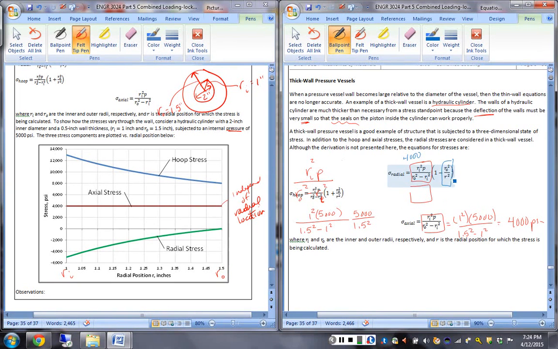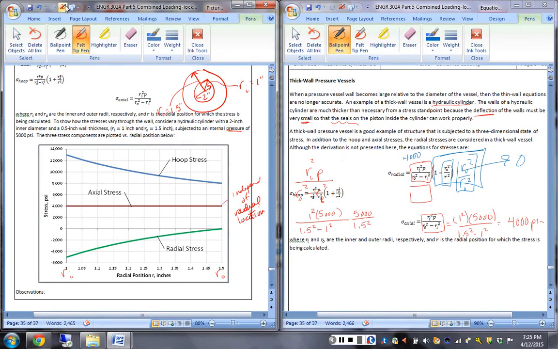So at the outer radius, r outer over r outer, this tends to 1, and therefore this second term tends to 0. And if we look at our plot, that is in fact what we see: we go from a value tending upward and ending up at 0.